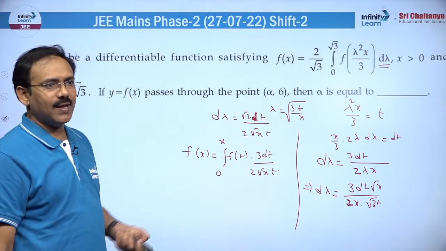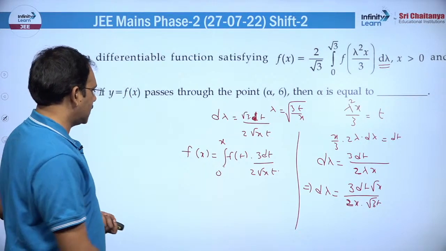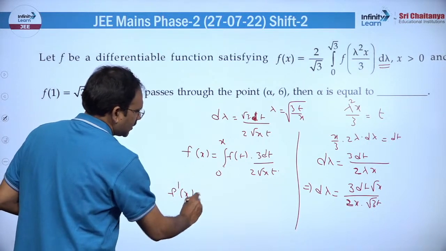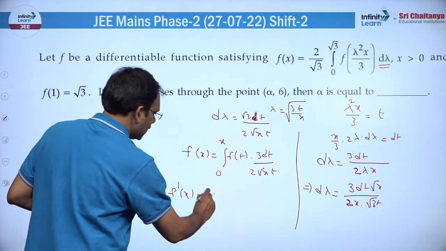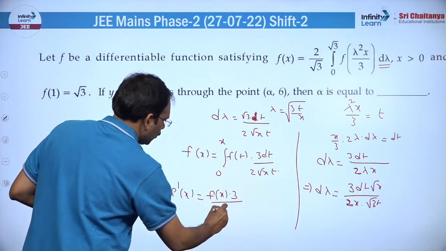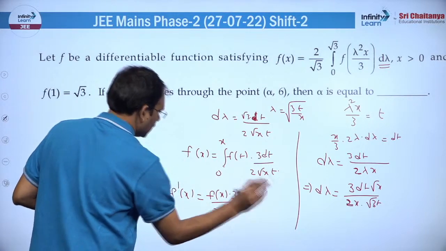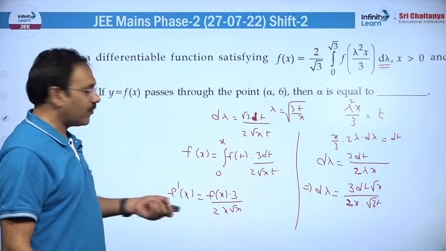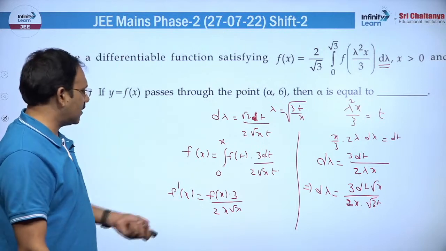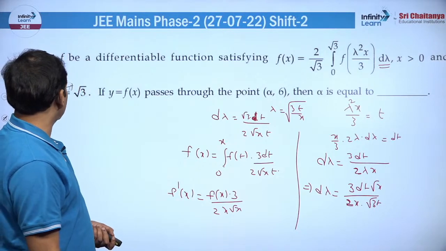Now you can apply L'Hospital's rule, my dear friends. You can just take the derivative with respect to x. F dash x is going to be f of x into 3 by 2 x root x. From this, my dear friends, f dash x by x is available. You can integrate now, so that you will get f of x.